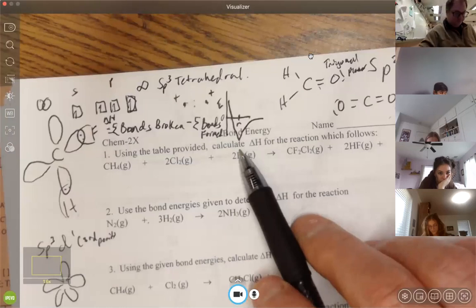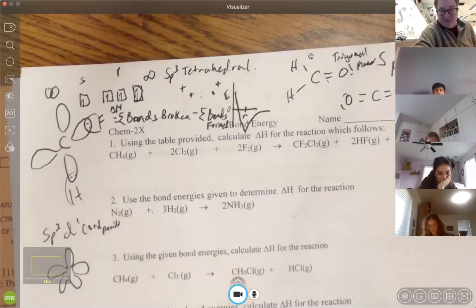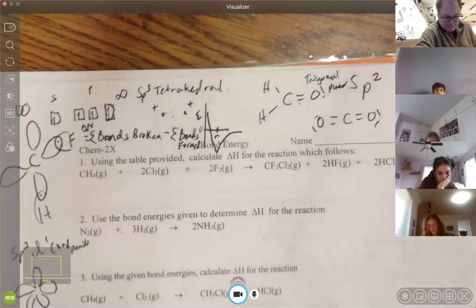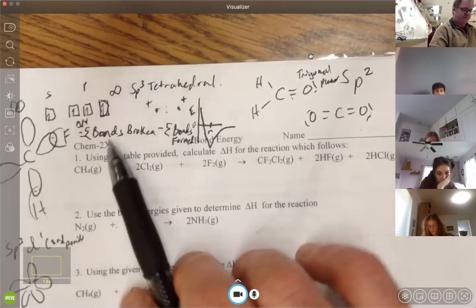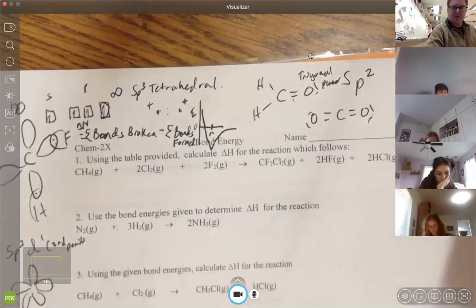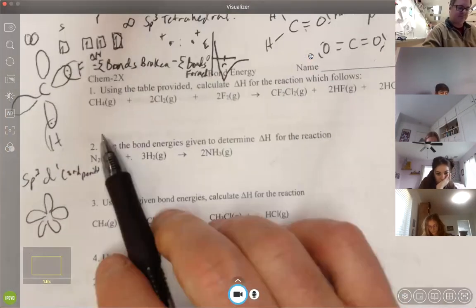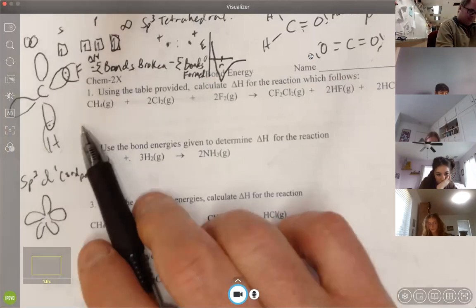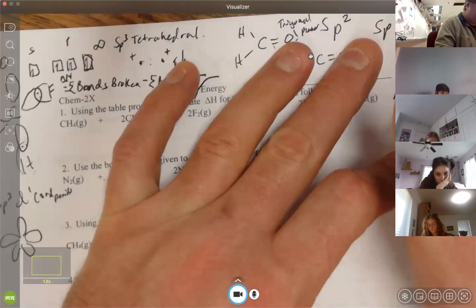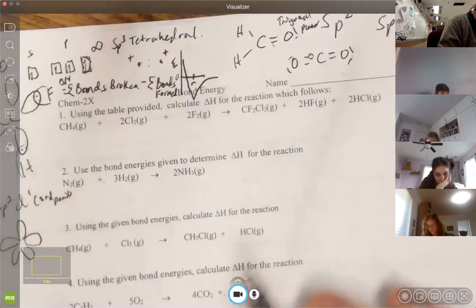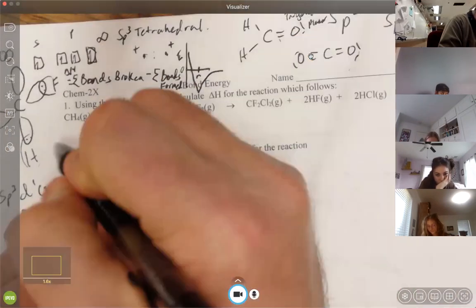So the concept and ideas behind this is very hard, but the math problem is pretty easy. First off, you've got to be able to have a balanced equation. Then we've got to know the formulas. So this is CH4.